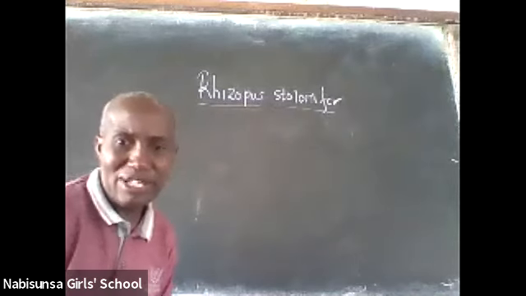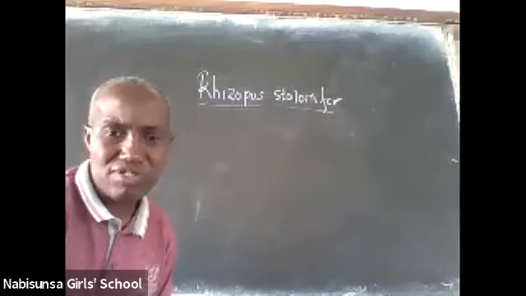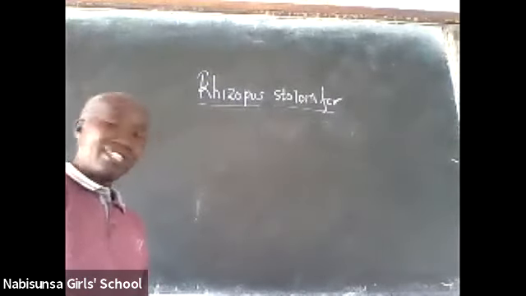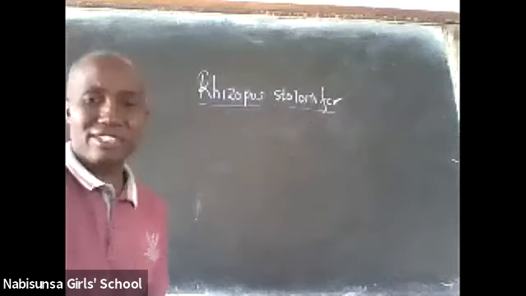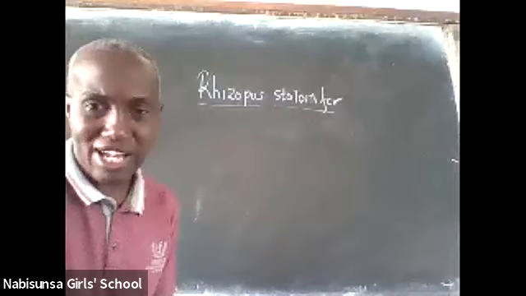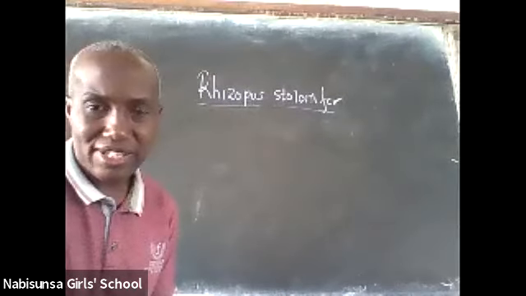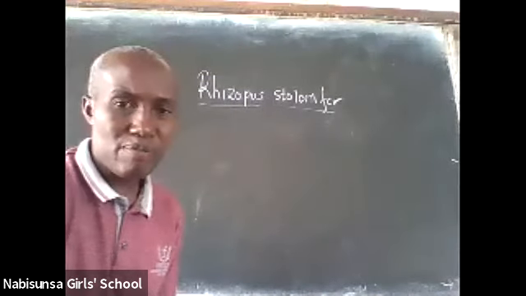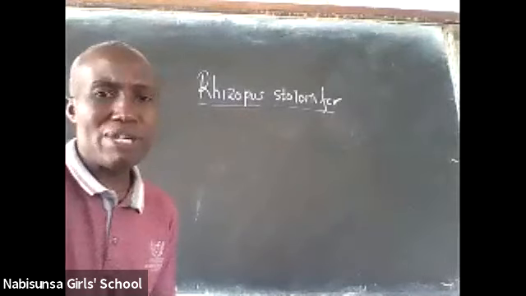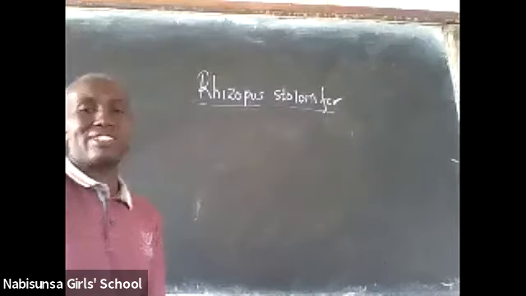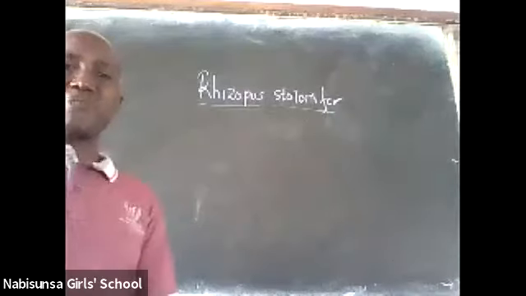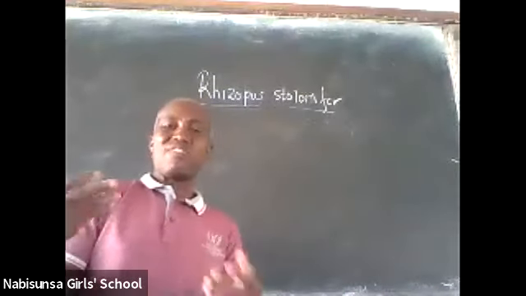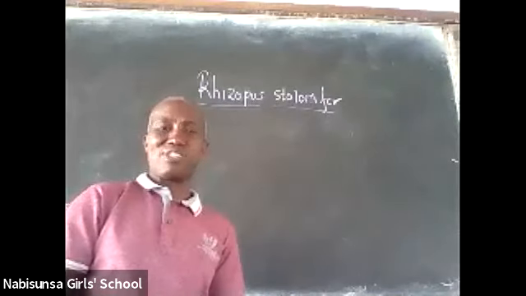Okay. Someone has shared something in the chat that I wanted to read. Teacher, do fungi reproduce by means of spores? Yes, fungi reproduce by means of spores. However, fungi show variable methods of reproduction.